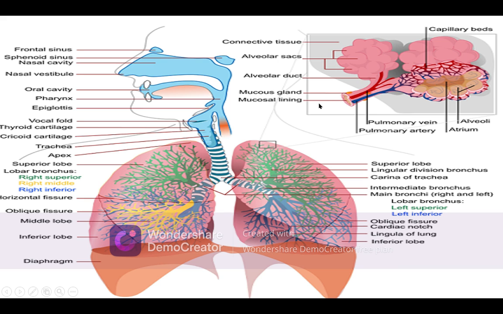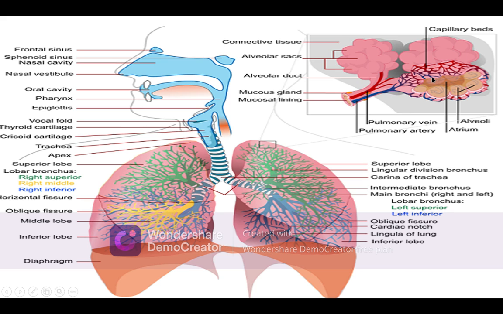Now, this terminal bronchiole has a neurovascular bundle attached with it. There is a pulmonary vein and pulmonary artery. And this terminal bronchiole is a feeding bronchiole, where the gases at the alveolar spaces are exchanging.